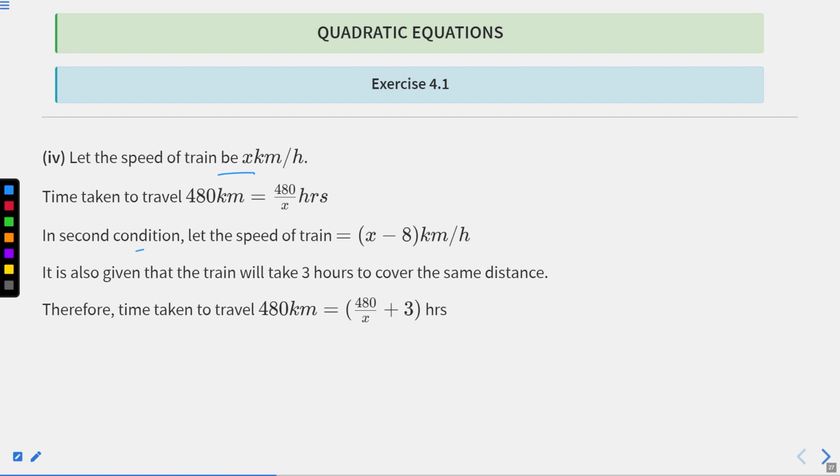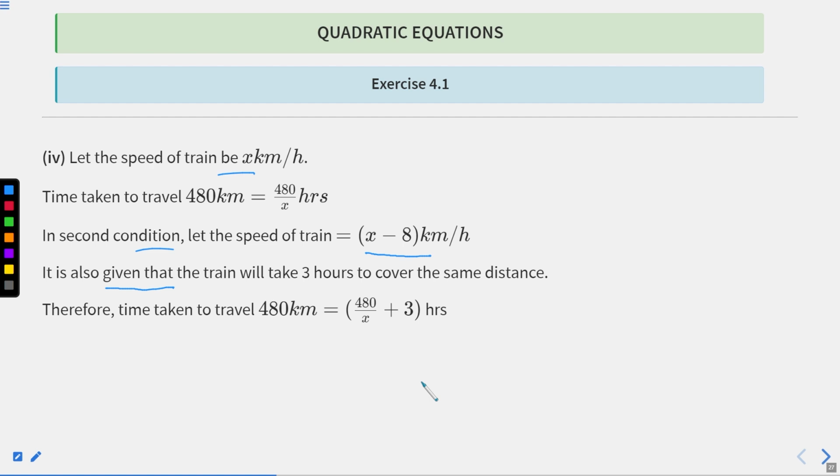And in the second condition, let the speed of the train be x minus 8 km per hour, that is 8 km per hour less. It is also given that the train will take 3 hours more to cover the same distance.